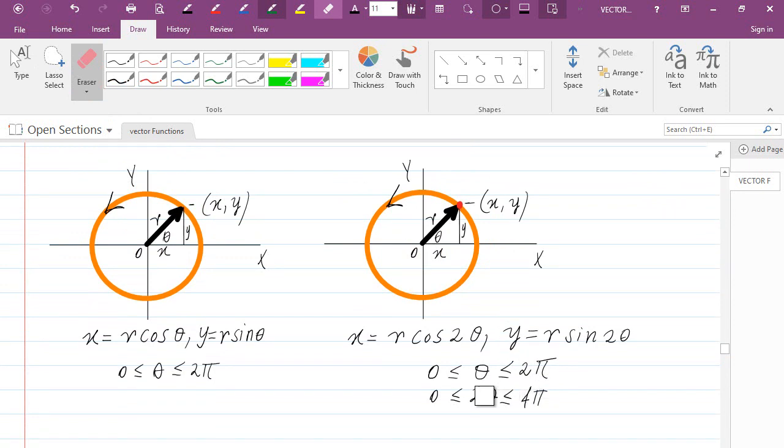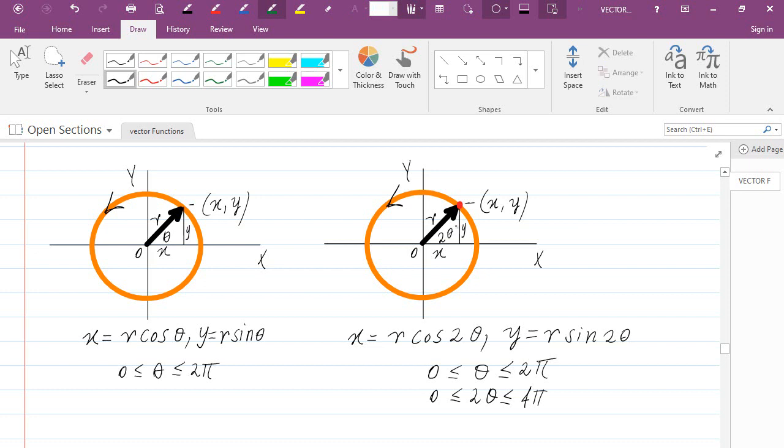When theta is pi over 4, 2 theta would be pi over 2. I have another typo here that I just realized: this is not theta, this has to be 2 theta.